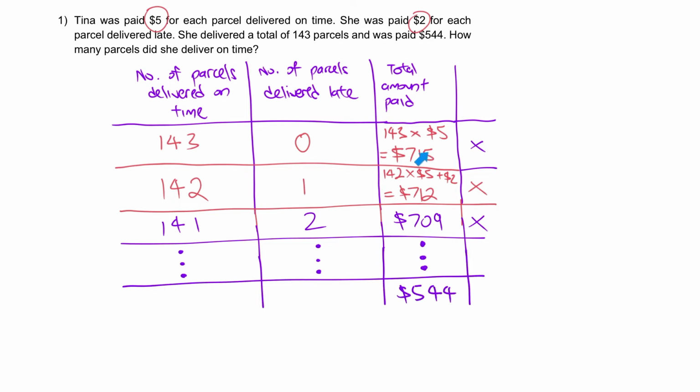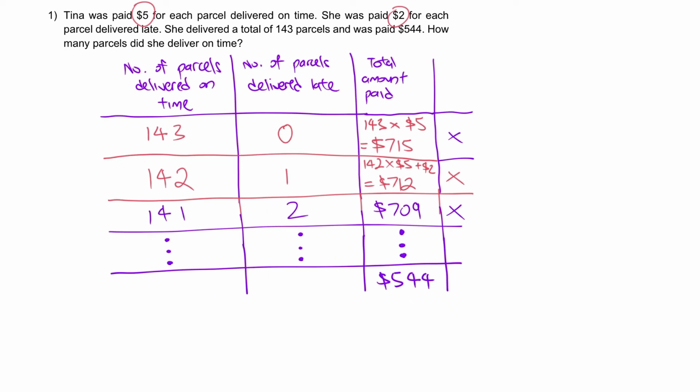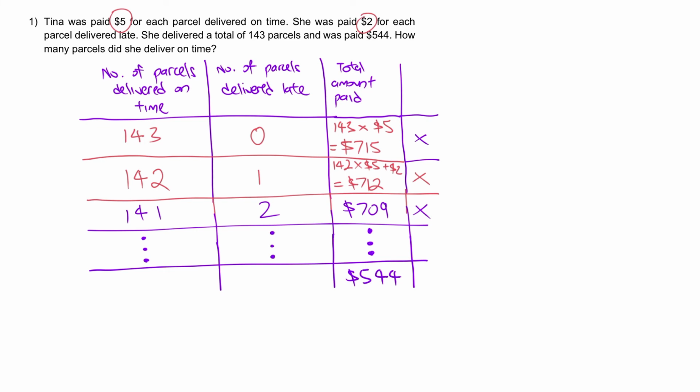So from here to here, how many jumps do I need? How many repetitions do I need to do, such that minus 3, minus 3, minus 3, minus 3, minus 3 until I reach 544? Okay, so probably my next step would be to figure out the number of jumps.